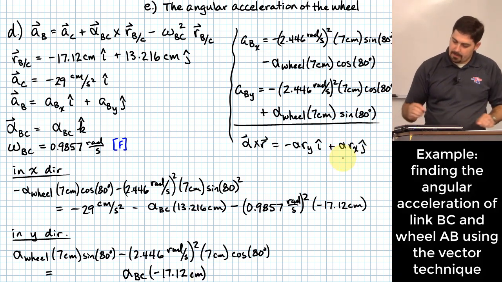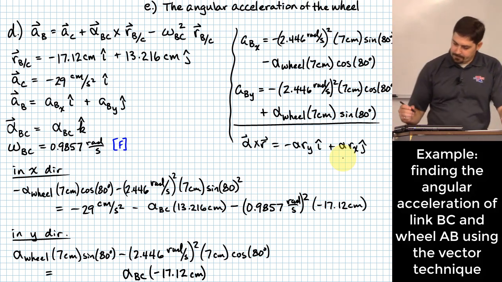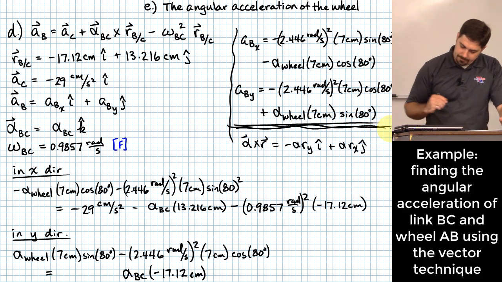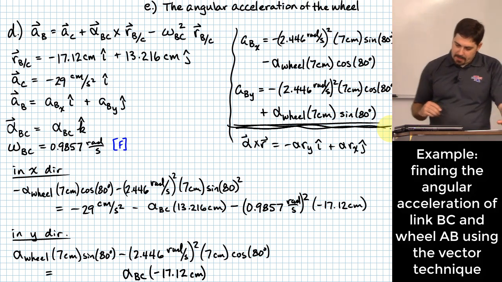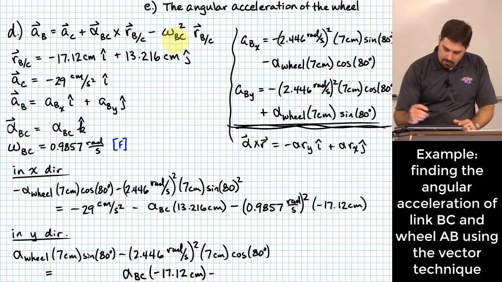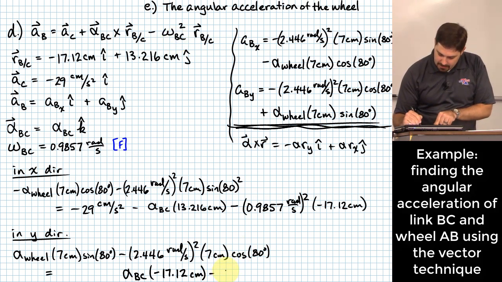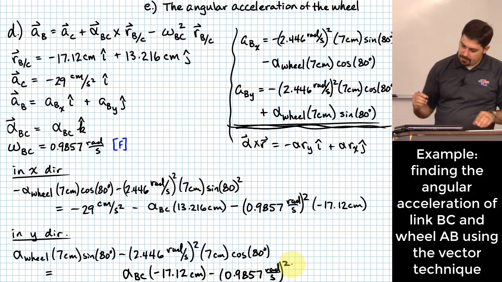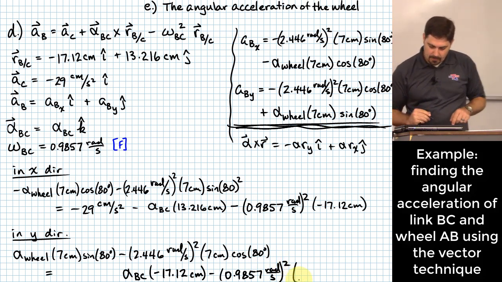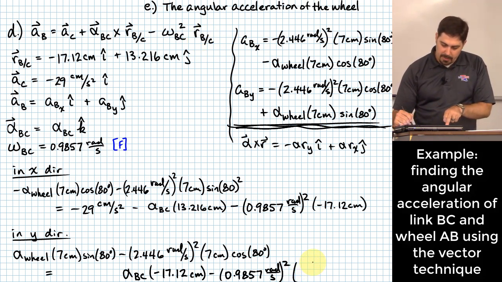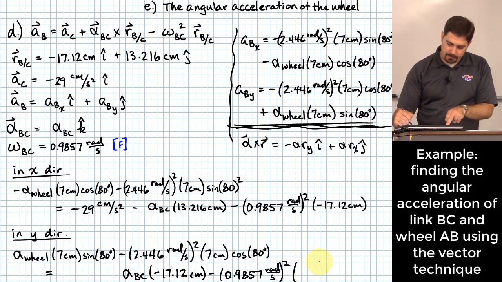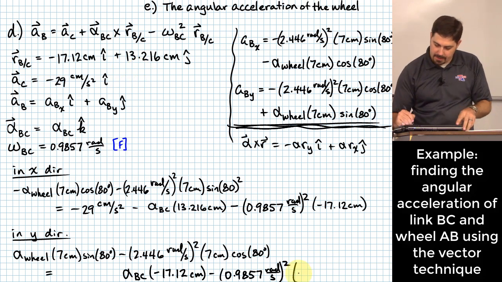Okay, that comes from my alpha cross R. And so then the last piece is we're going to have minus omega BC, which again is 0.9857 radians per second squared times, all right, now I just want the y component of my R of B relative to C. Okay, so that just gives me 13.216.